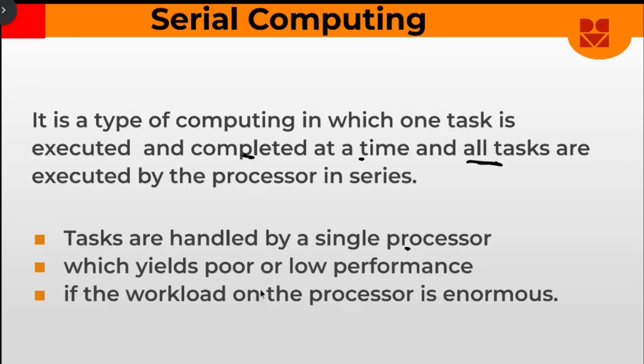If you're supposed to finish running 100 processes or 1000 processes, it's going to take a longer time since it's just one processor processing the tasks one after the other. So basically that's what serial computing is about: you run a task one after the other, and the next task can only run once the initial task has been completed.